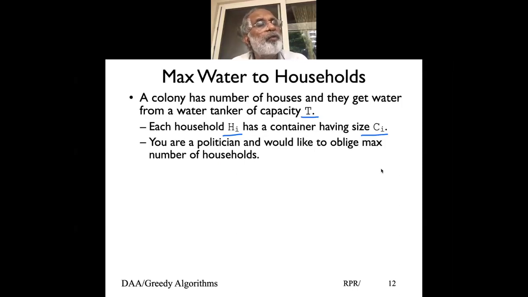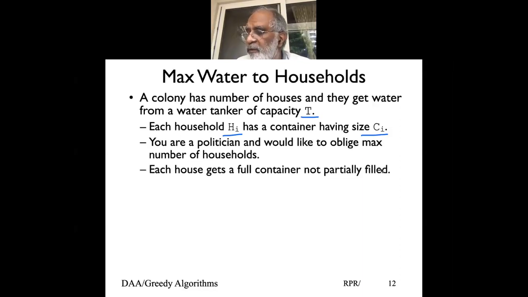At the same time, when I send a container, I want to get minimum water back. Further, if a house doesn't get the full container, the house will not be happy, they will never vote for me. So either the house should get the full container, or no water is fine. Giving them half a bucket of water does not work.